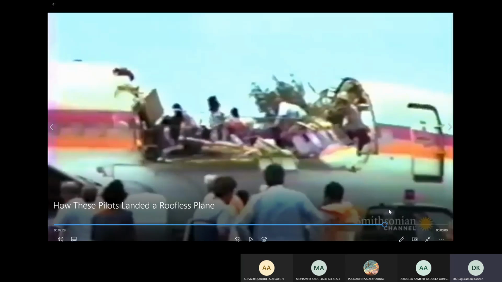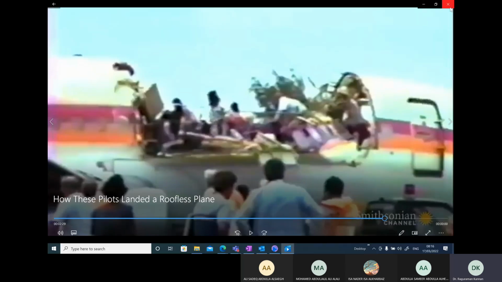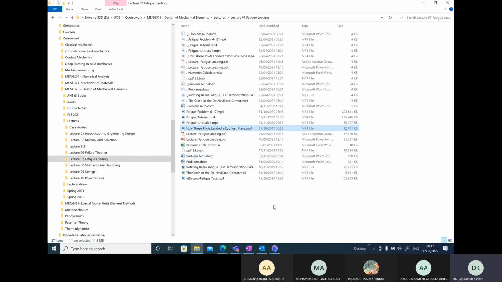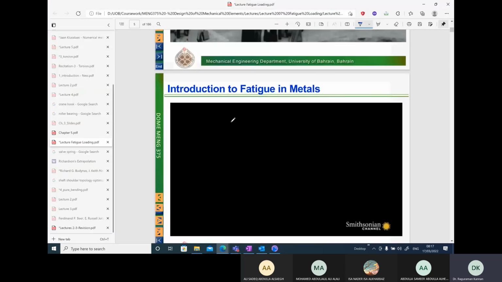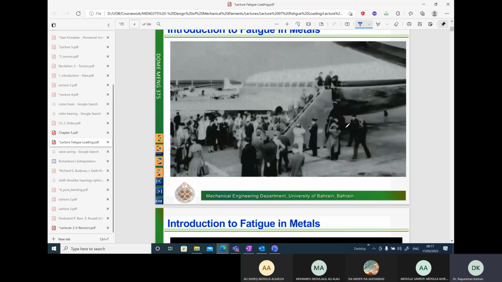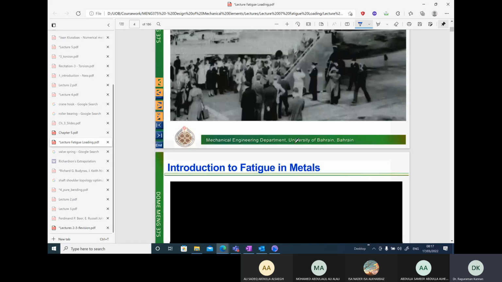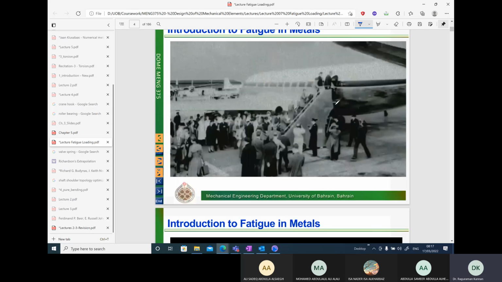There are also other similar dangerous events that can take place, especially if you have a rotating shaft with very high speeds. If it undergoes fatigue failure, again the shaft will break, the pieces will fly around and act as very high velocity projectiles, killing people around.